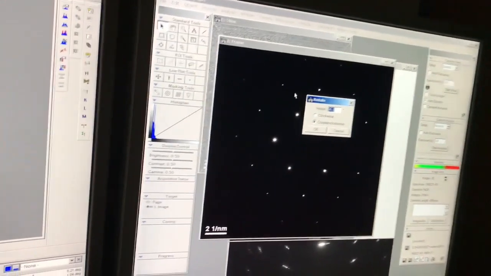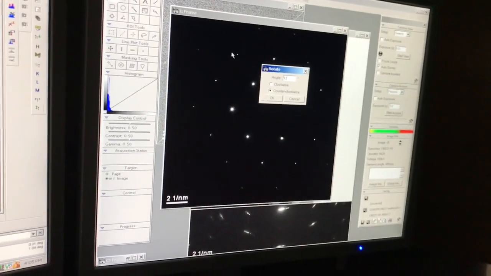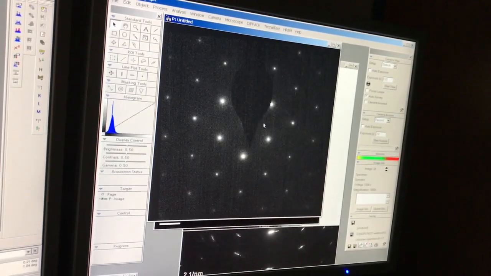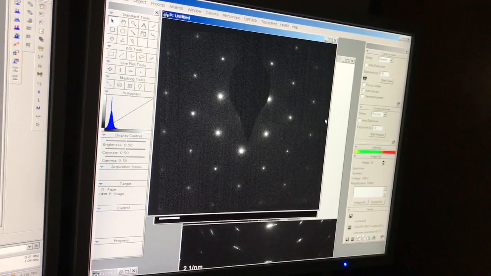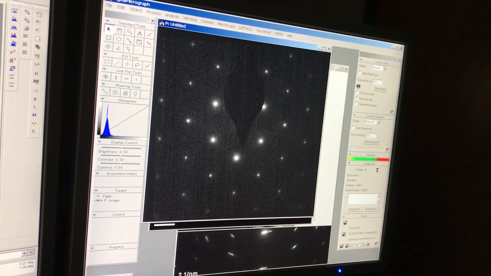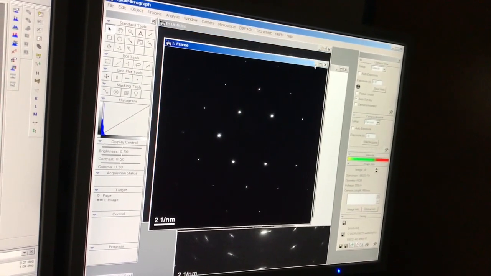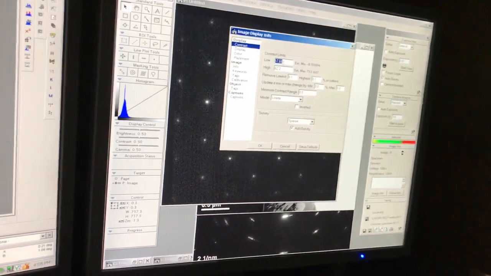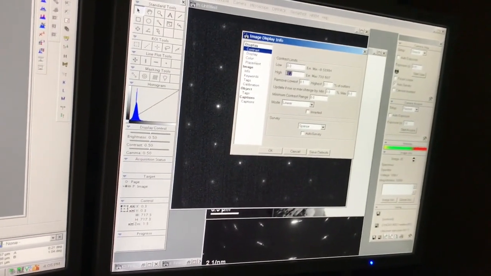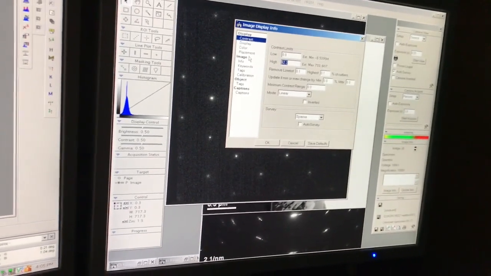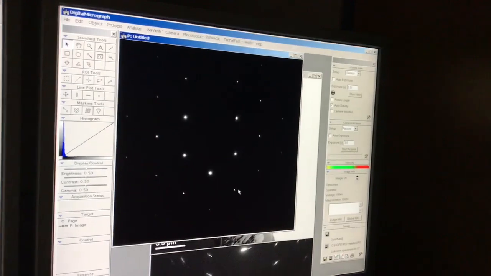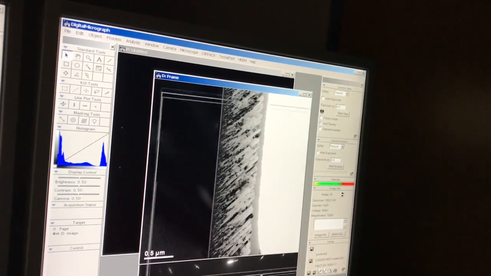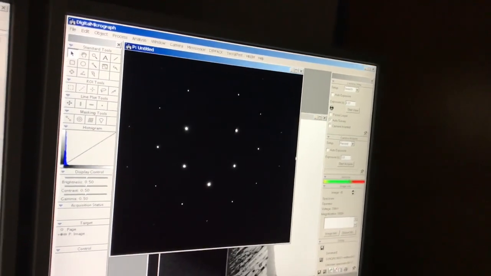If I go counterclockwise 93 degrees, so I have 93 degrees here, and again I can readjust my digital contrast limits. So we'll put that at, I don't know what we had before, I think we had 150. Yeah, right there. Now I have the necessary parallelism.